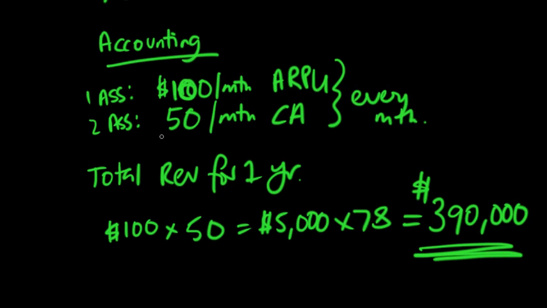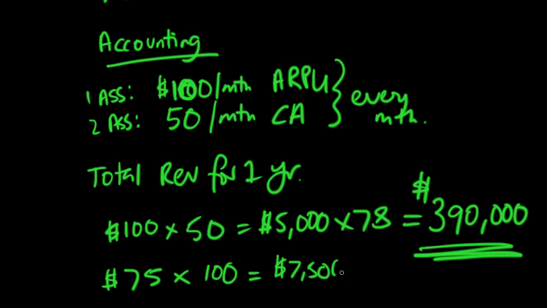Now you could go through this and vary it. Say we cut our monthly subscription fee to $75, and we know that that would mean the number of customers we get increases to 100, we would now know that this was $7,500 a month, and $7,500 times 78, you get 585,000.